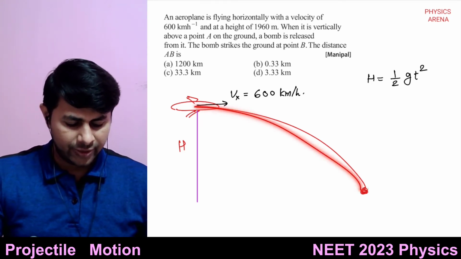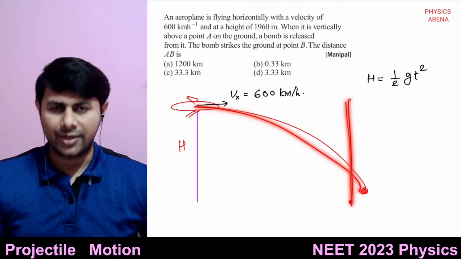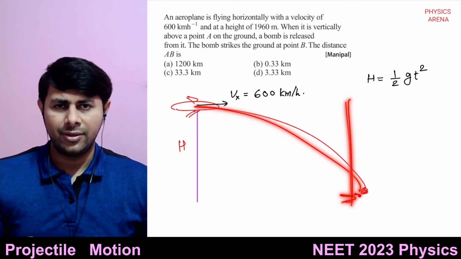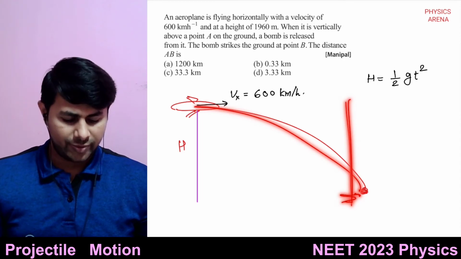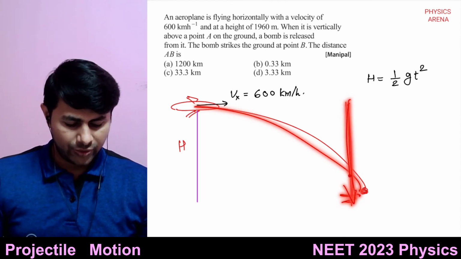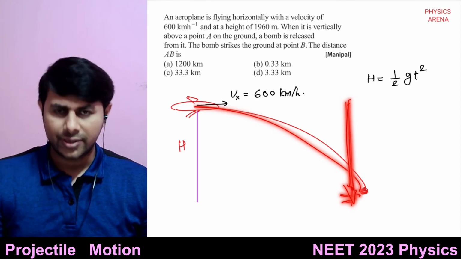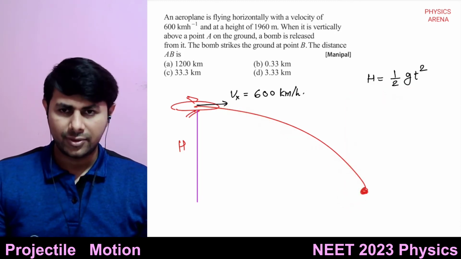Okay, it will hit the ground at some time t. So the distance covered in y direction is h. H is equal to uy times t minus, actually you will take it as plus, because you are considering this direction to be positive. So uy times t plus half of gt square. Okay, and uy is 0, so it is half of gt square only, right?